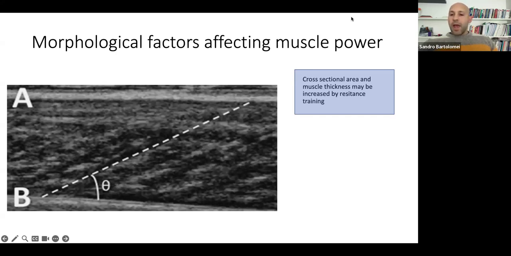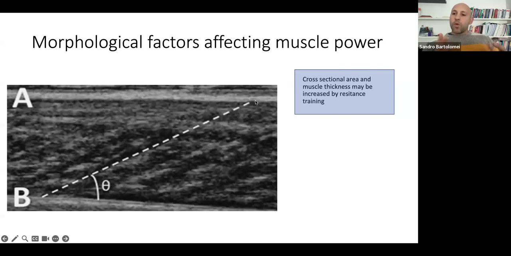And this angle is important because resistance exercise may modify that architectural characteristic of the muscle. By knowing muscle thickness of the vastus lateralis, for example, and the pennation angle, we can calculate how long the fascicles of fibers included in the muscle are.